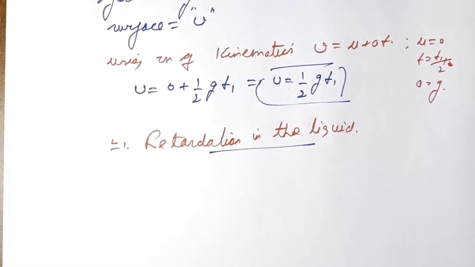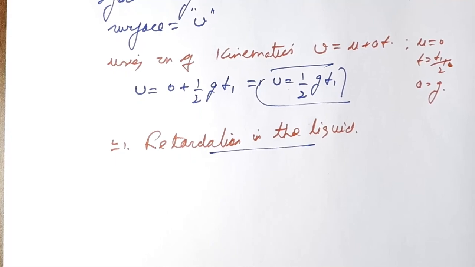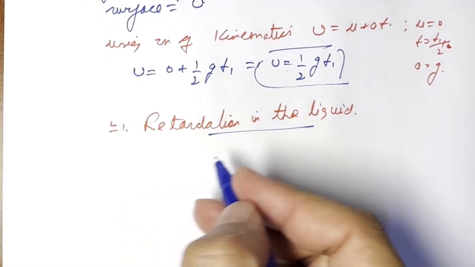When the ball enters the liquid, it experiences two forces. One is a buoyant force in the upward direction. Another one is the weight of the ball in the downward direction.